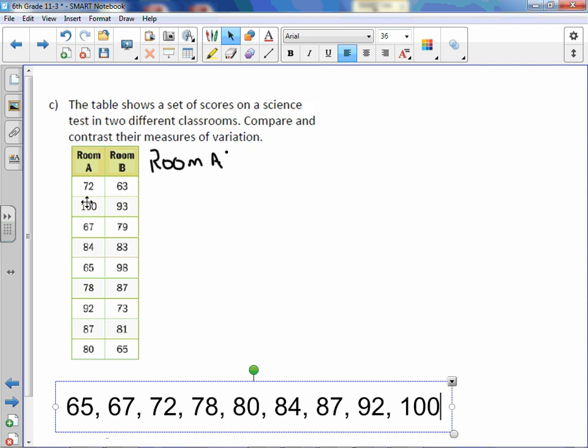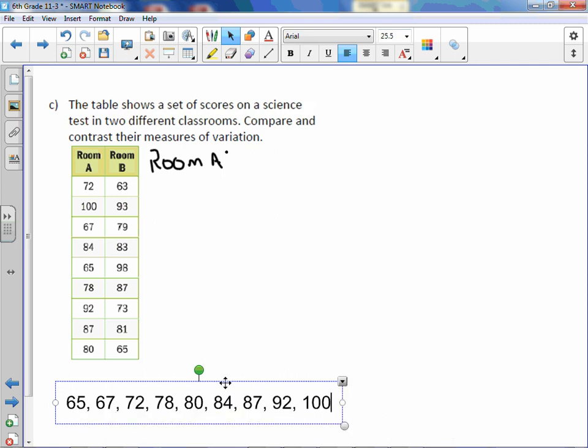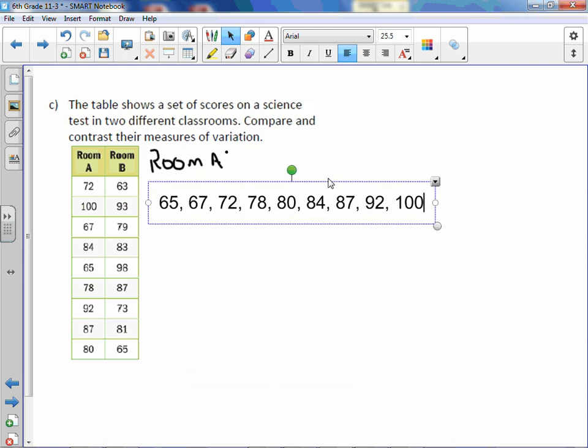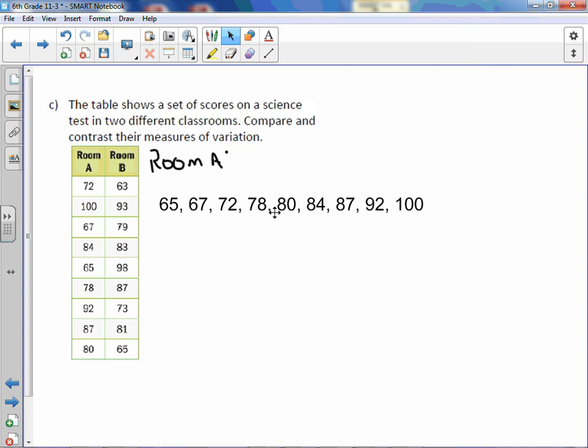There are 1, 2, 3, 4, 5, 6, 7, 8, 9. So that's room A. Let's go ahead and find all the information for room A, and then we'll go forward with room B.